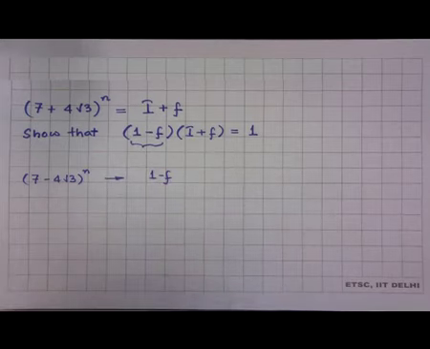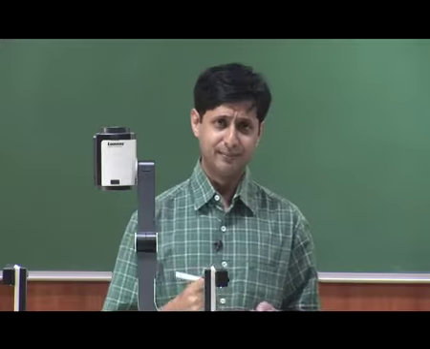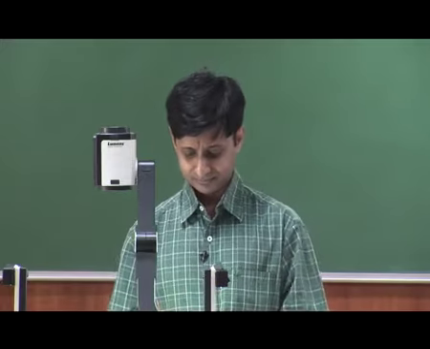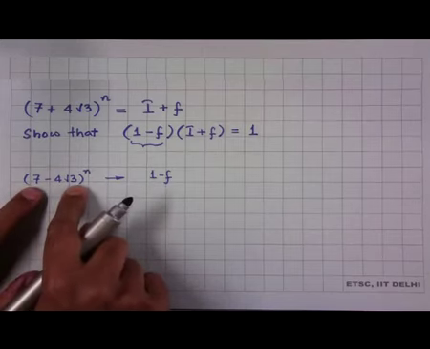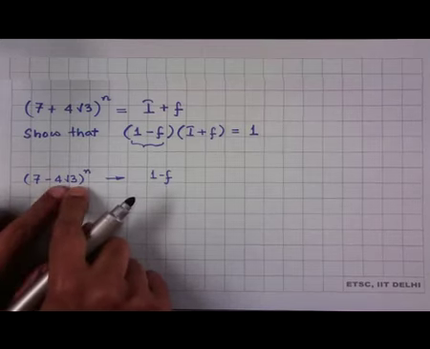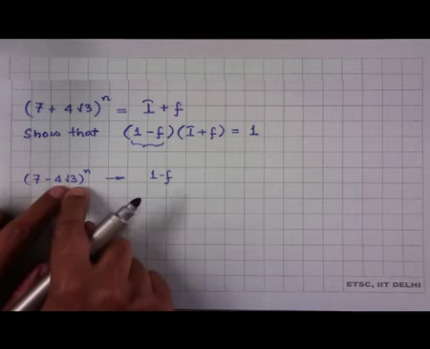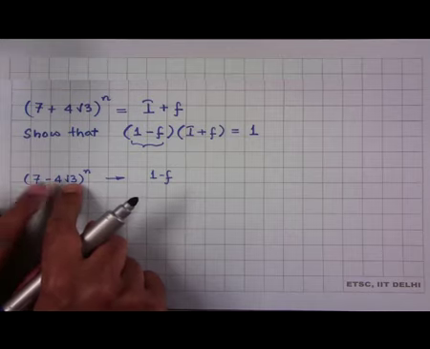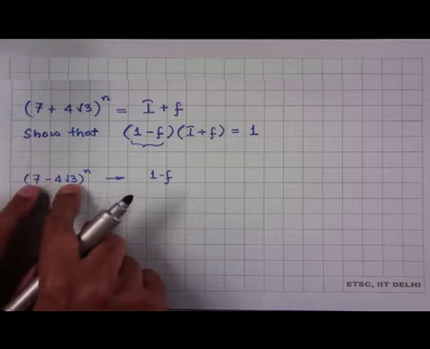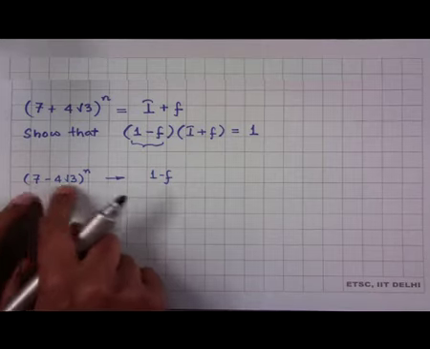Okay. And what is the integer part? So, 7 minus 4 root 3, root 3 is like 1.7, 1.732, right. So, 4 times 1.7 is how much is that? 6.8, right. So, 7 minus 4 root 3 is 7 minus 6.8.